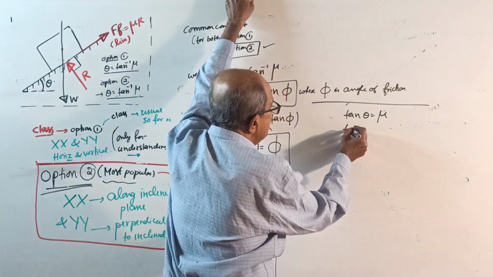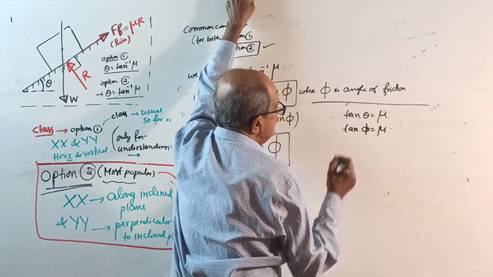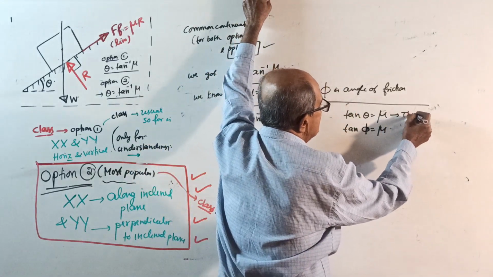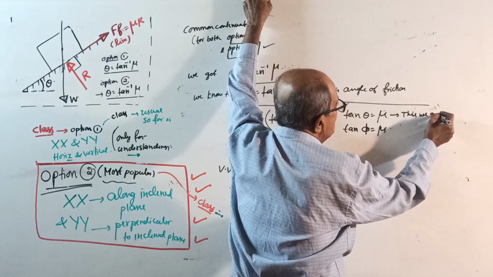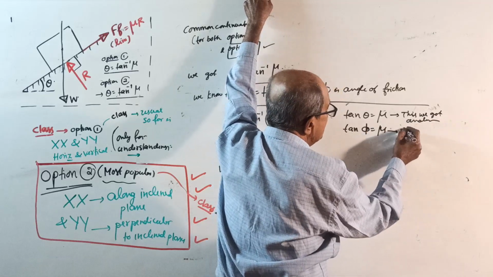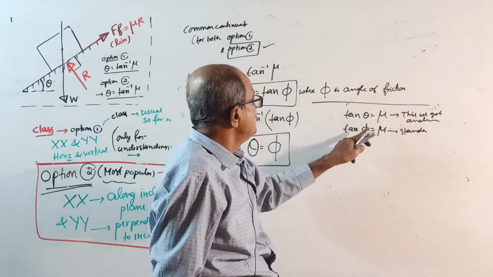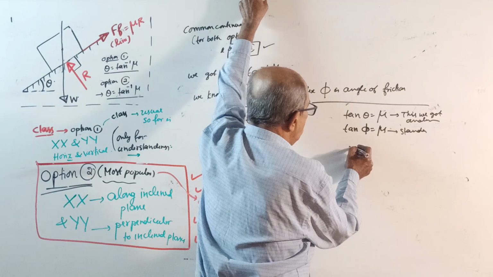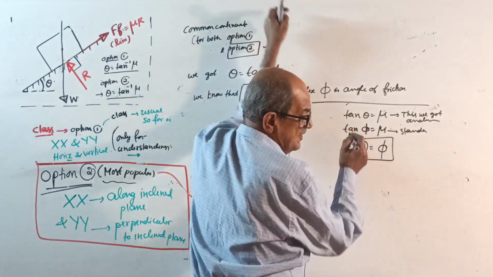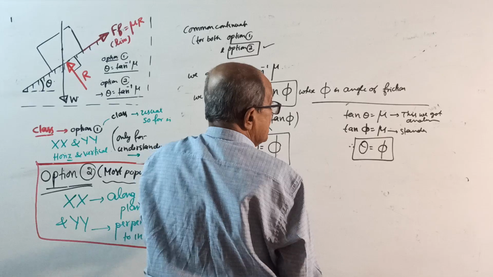But we know that tan phi also is mu, this is standard. Tan theta equal to mu, tan phi equal to mu. Therefore, you can tell theta equal to phi. Both are the same. Okay, now I will conclude.